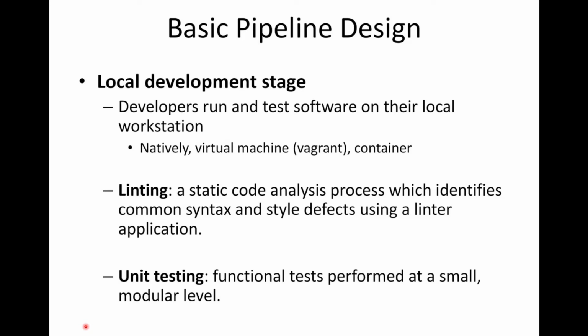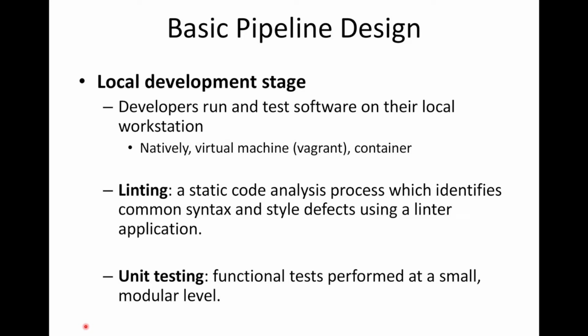Oftentimes they're using some sort of code linting process. Linting is basically a static code analysis process which developers will use to identify common syntax and style defects within their code application.